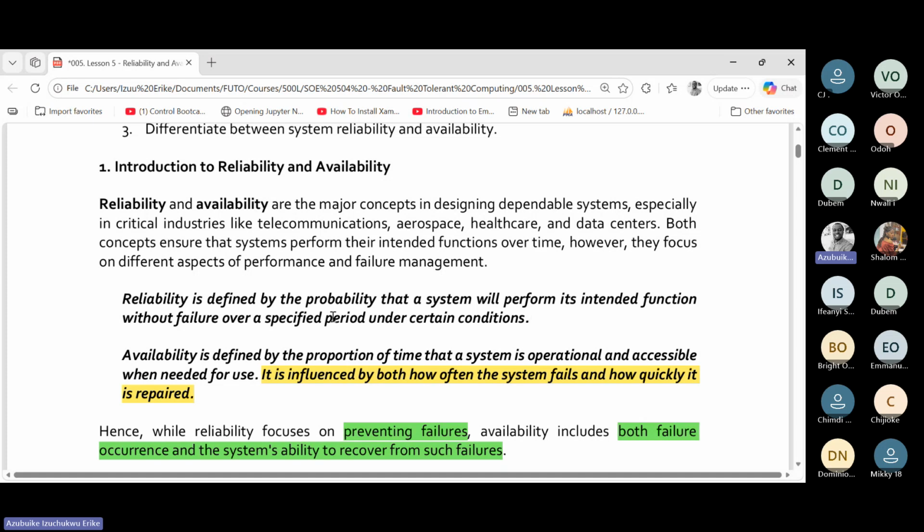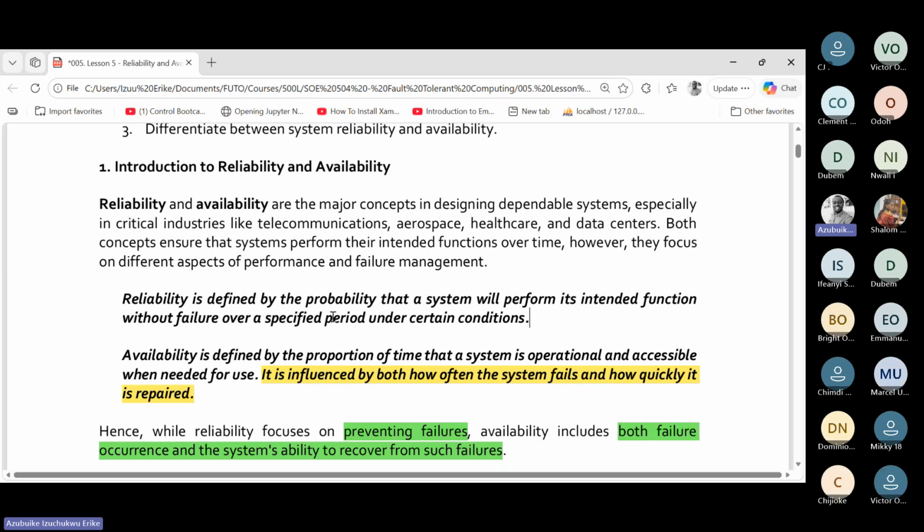So we say reliability is defined by the probability that a system will perform its intended function without failure over a specified period and under certain conditions. In other words, we can rely on this system to perform for 1,000 hours before we can talk about maybe refilling the tank. Or let's just say you bought a printer.